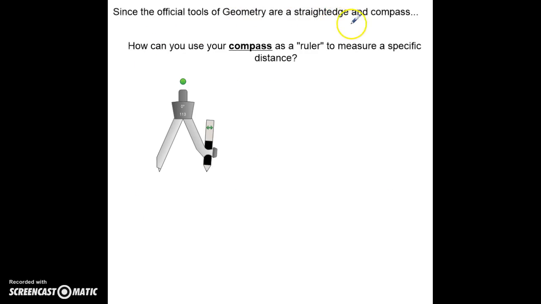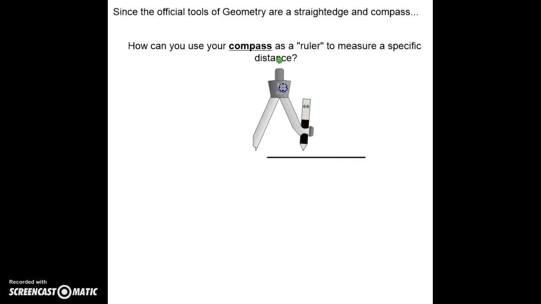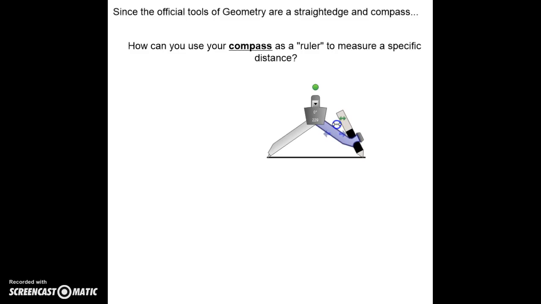Okay, so the official tools, as we said, are straight edge and compass. First question is, how can you actually use the compass to be like a ruler? So, for example, if I create some sort of segment here, and I wanted to have this exact length, well, I could use my compass by just placing the pointed edge on one endpoint and my pencil on the other endpoint.